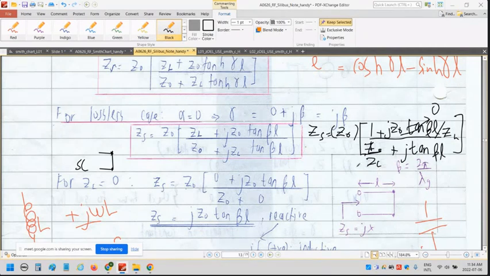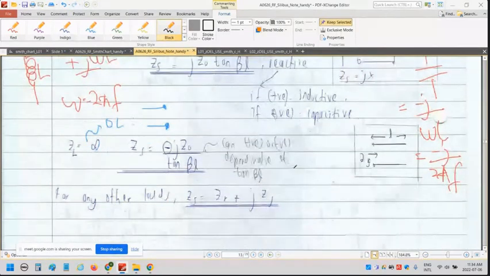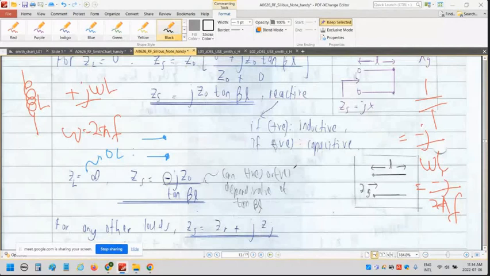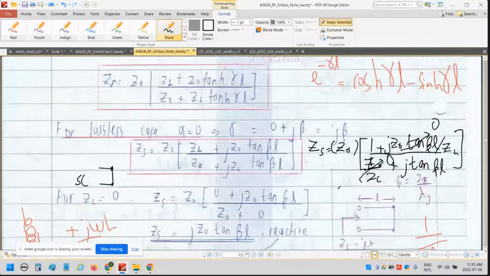ZL is infinity, so this term is 0, and you get 1.